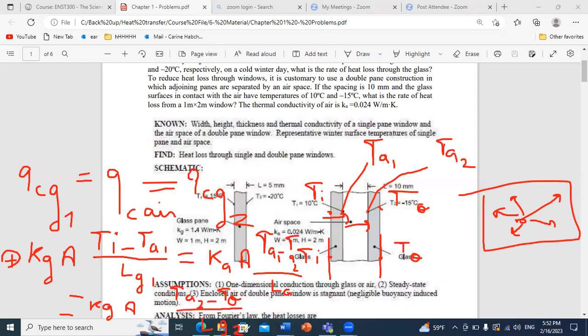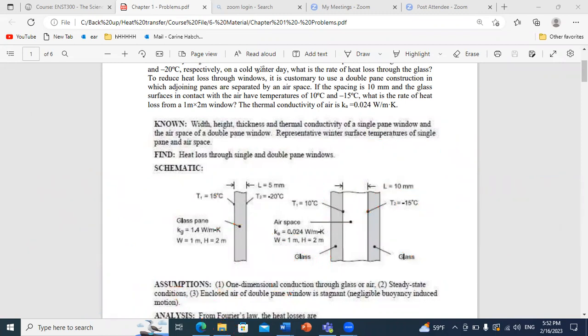Now, Doctor, can you please repeat why did we put all of these fluxes equal to each other? Yes, sure. Okay, look. To understand this, consider the following layer.